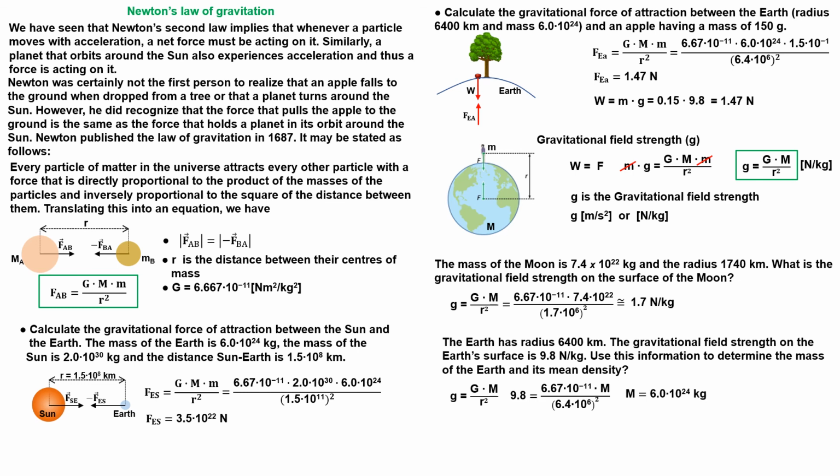Use the equation density equals mass divided by the volume to determine the density of the Earth. The Earth is a spherical mass. Its volume can be calculated using the volume of a sphere. The mean density of the Earth is 5,500 kilograms per meter cubed.